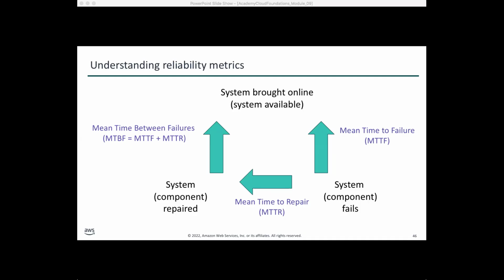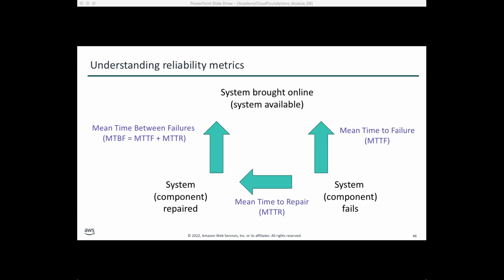Now, mean time between failures, MTBF, is MTTF plus MTTR. MTTR is mean time to repair, sorry, I got confused.